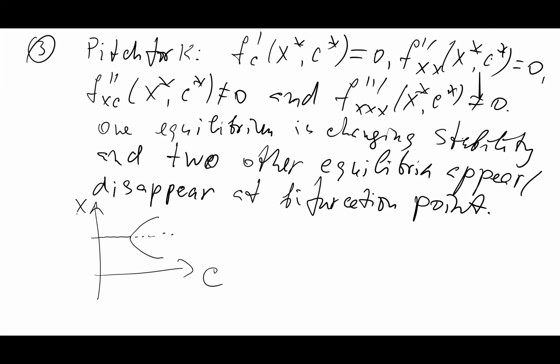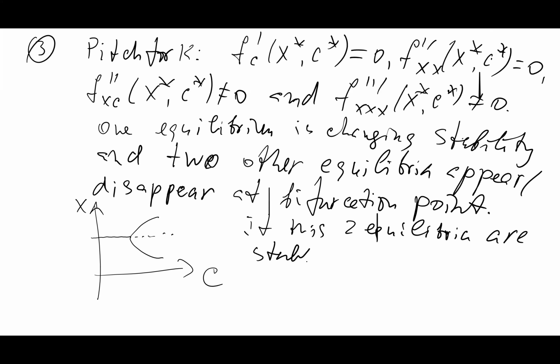And if the two new equilibria which appear or disappear are stable, then we have supercritical pitchfork bifurcation.